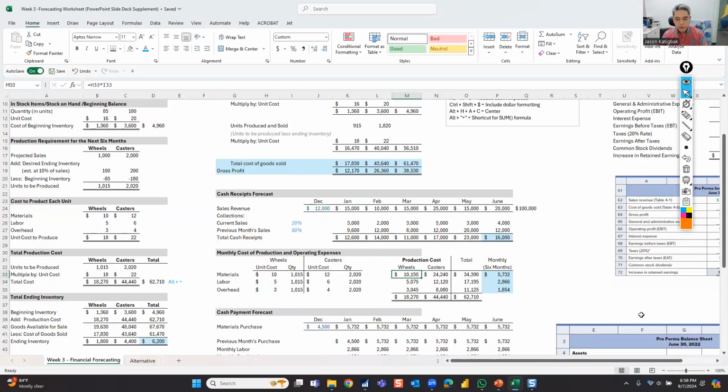So I'm going to show you, and then it's a total. And then now what's the total now? I'm combining both the wheels and casters. If I combine the cell for wheels on materials and casters for materials, and then labor, and then overhead, then that would be the cost for the period ended June 2022.